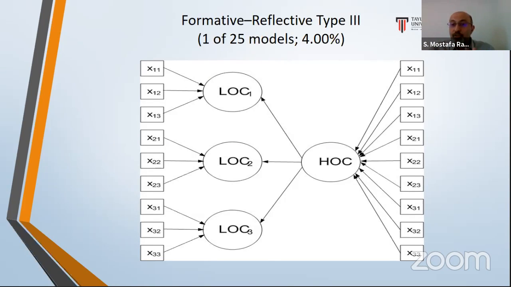How can these indicators and dimensions in the second level be formative, reflective? So this type of second order is very rare, and I don't know how this type of higher order construct can happen. In this study also, none of the 25 models fall under the formative reflective type.